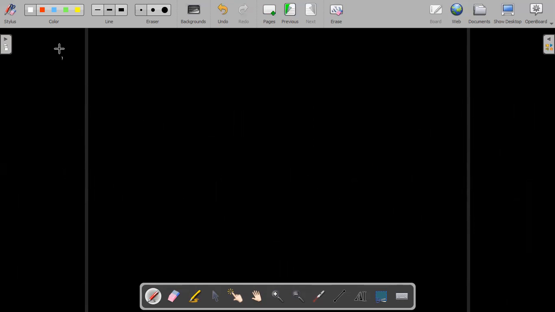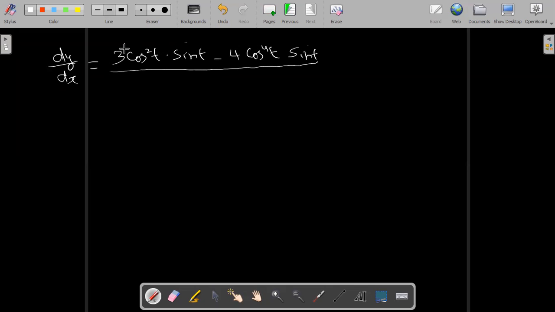So at last we got dy by dx is equal to 3 cos square t sin t minus 4 cos raised to power 4 t sin t, divided by 3 sin square t cos t minus 4 sin raised to power 4 t cos t.